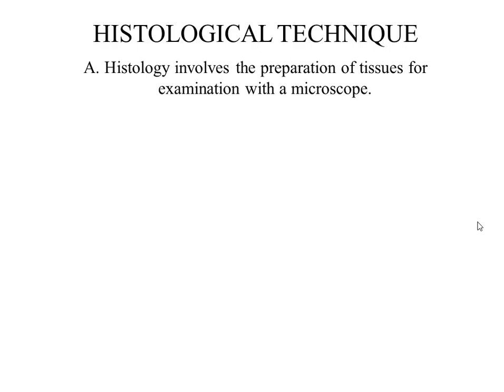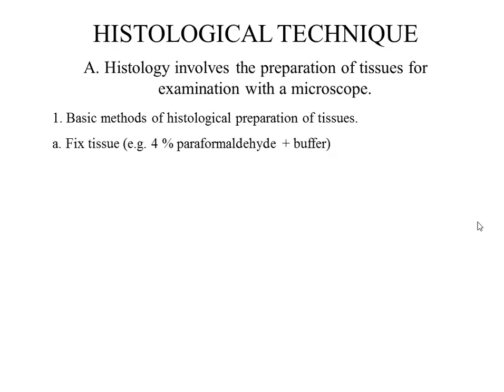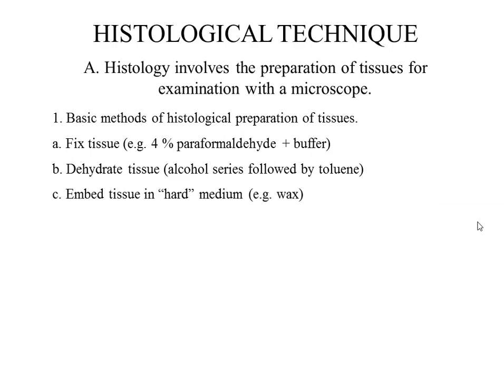Histology involves the preparation of tissue for examination with a microscope. The basic method of histological preparation of tissue: fixation in paraformaldehyde or formalin. Dehydration of the tissue using alcohol in ascending concentration. Embedding tissue in a hard medium, wax more often.